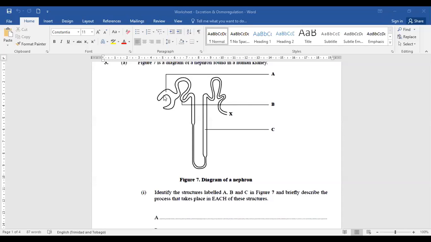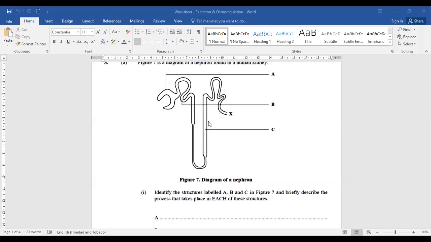But all in all, it's basically the bunching up of the blood vessel here, right? In the Bowman's capsule, and that causes a pressure buildup, which causes the smaller molecules like water, glucose, salts, urea and so on to pass through and enter into the nephron, right?